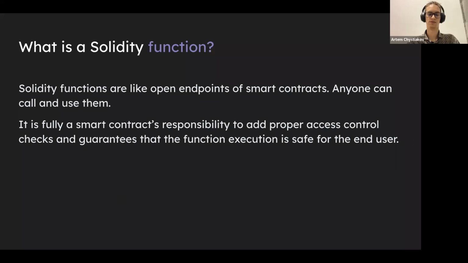If a certain function has to be called by an author of the contract, it has to be explicitly specified, because the code is open, everyone can read the code and interact with it, and it is really easy for them to somehow alter the execution of the contract. So you have to explicitly specify what a smart contract is allowed to do and what is not.